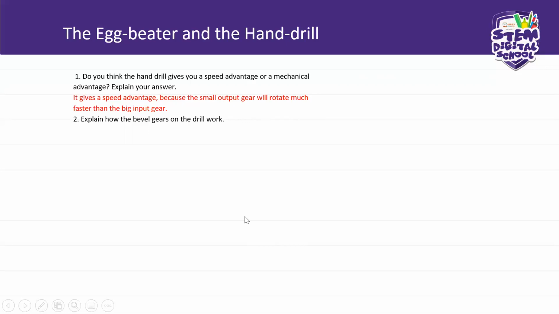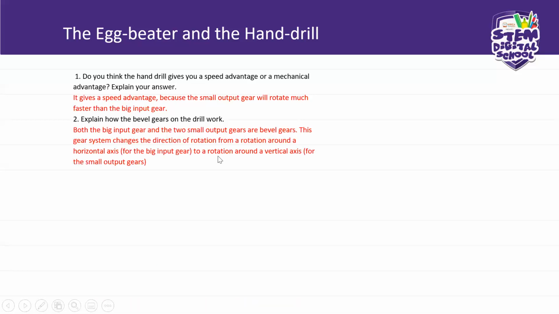Explain how the bevel gears work on the hand drill. How do they work on the hand drill? Both the big input gear and the two small output gears are bevel gears. This gear system changes the direction of rotation from a rotation around a horizontal axis for the big input gear to a rotation around a vertical axis for the small output gears.